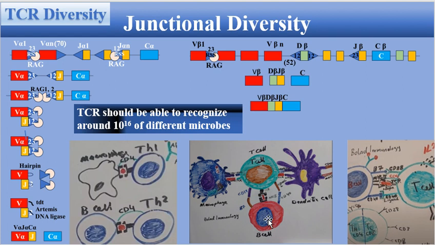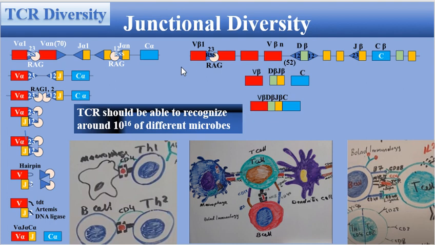So they will be taken up by this antigen presenting cell. Then they get processed inside these antigen presenting cells and get expressed on the surface in association with major histocompatibility class 2. Actually, this processed protein is a primary protein. Now the T cell can see the primary protein.